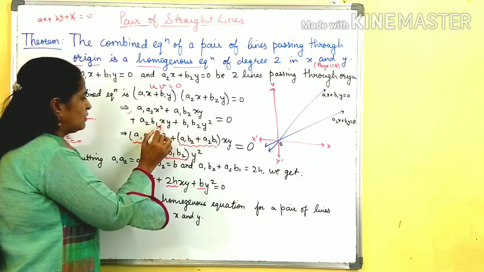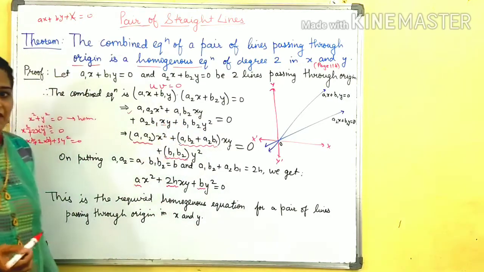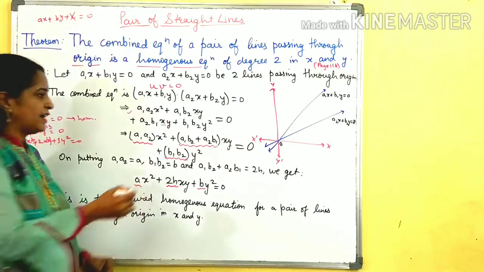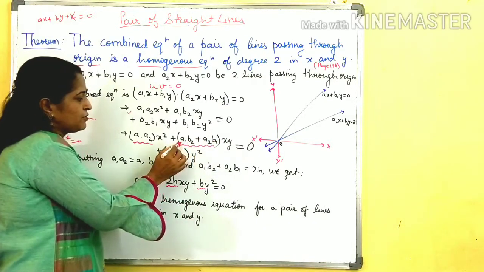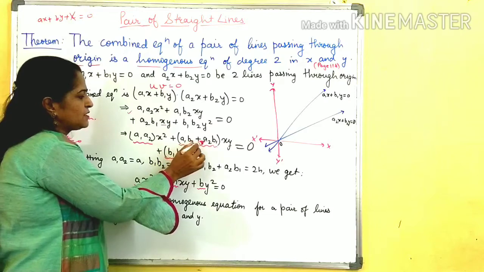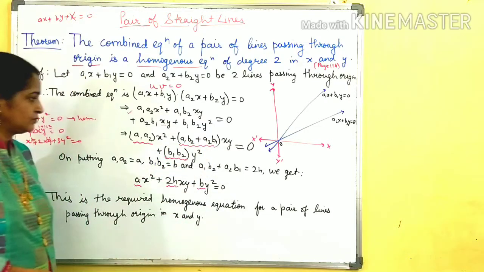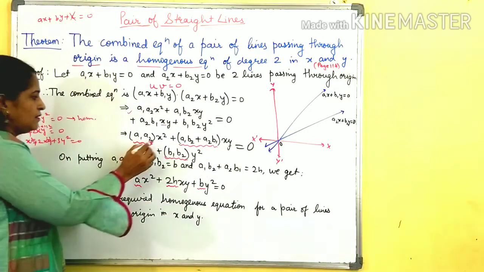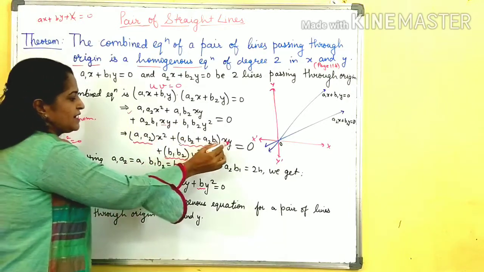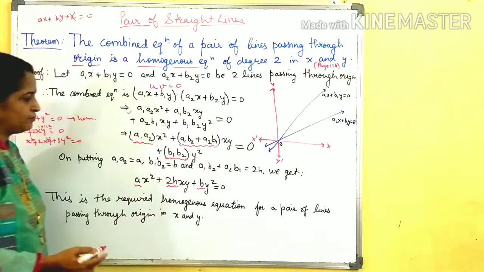There are two terms having x and y, so combine those two terms with coefficient a1 b2 plus a2 b1. Now we get x square, xy and y square terms.